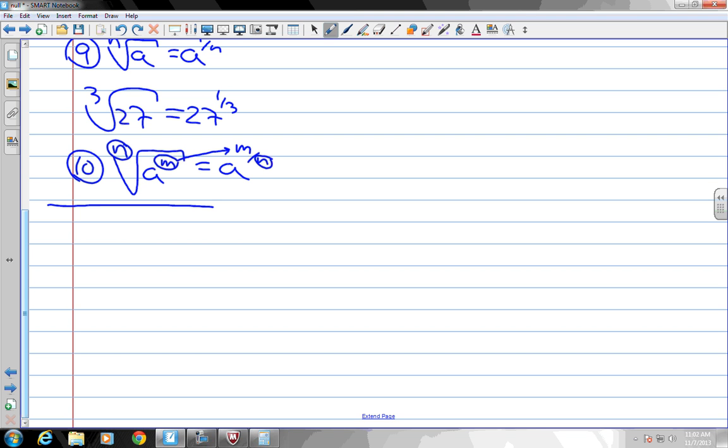So again, just rewriting, let's say if you have 3 to the power 5/7, whatever that is, this is the same as saying the 7th root of 3 to the power 5. So the denominator is the index of your radical. The numerator is the exponent.